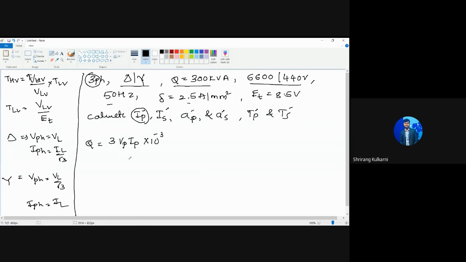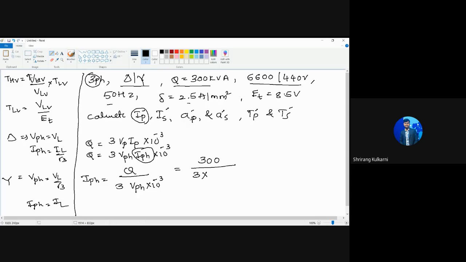Now which is the unknown? IP is the unknown. Q is equal to 3 V phase I phase 10 to the power of minus 3. So I phase is the unknown. I phase is equal to Q divided by 3 V phase 10 to the power of minus 3. Q is given as 300, in terms of kVA only, so don't write 10 to the power of 3 again, just write 300, divided by 3.